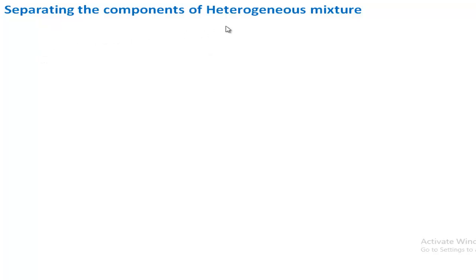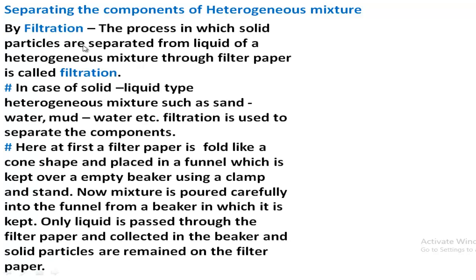So from this mixture we can easily separate the components by the filtration process. This is a very simple process. Here the process in which solid particles are separated from liquid substances through filter paper is called the filtration process.